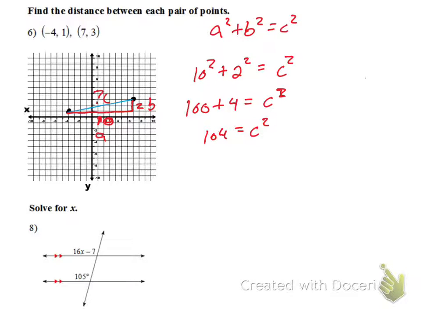Then I just want to get c, so I take the square root of both sides. The square root of 104 is 10.2. I might be off a little bit.